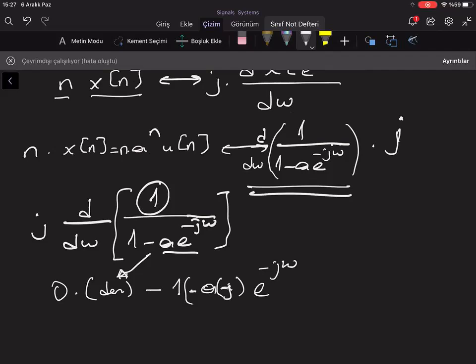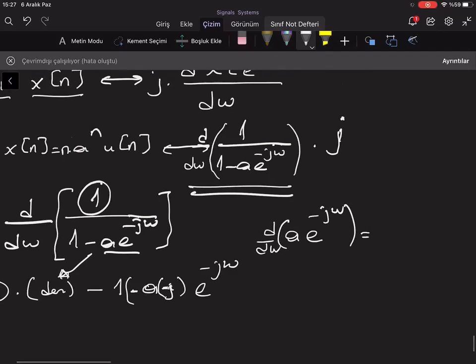If you think about a e^(-jω), the derivative with respect to ω is like I will take the exponent down: a times minus j, and e^(-jω) will stay the same. So this is a times minus j, and there is one minus here, so plus aj, and there is one minus here, again minus aj.